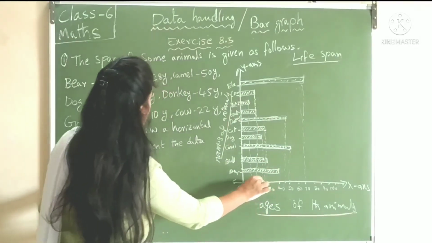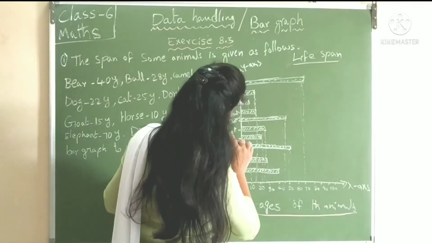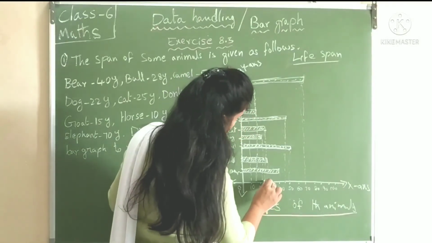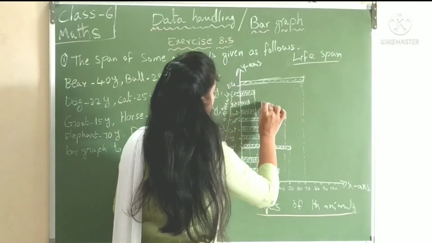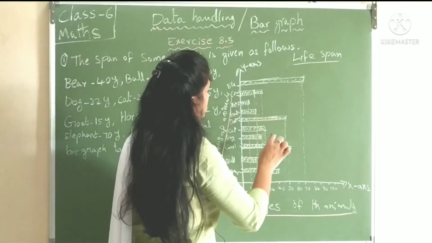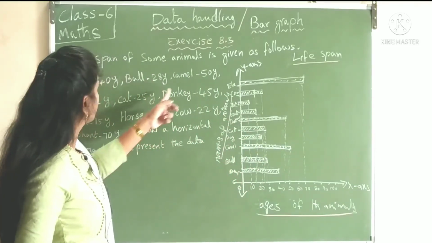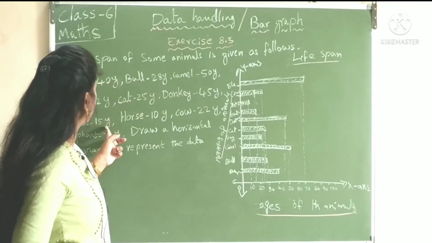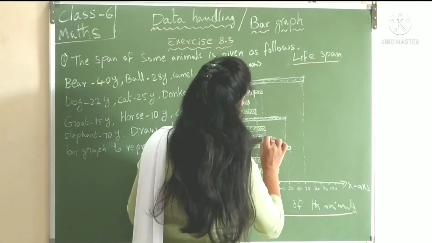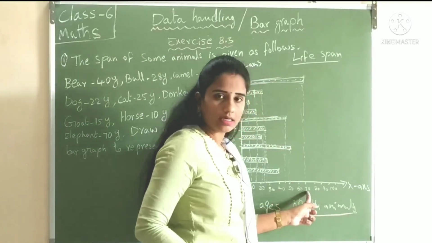Cow has 22 years. Finally, elephant has 70 years.